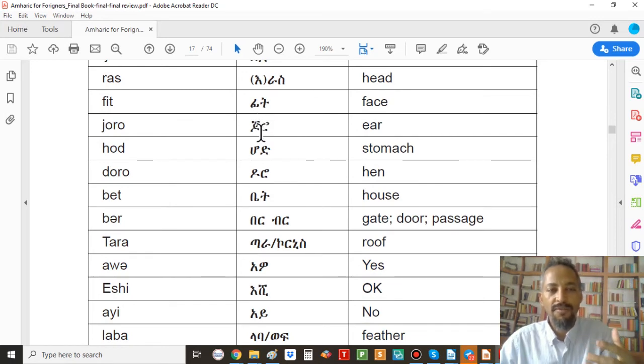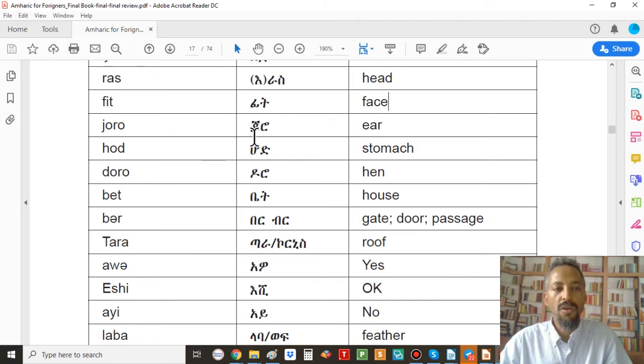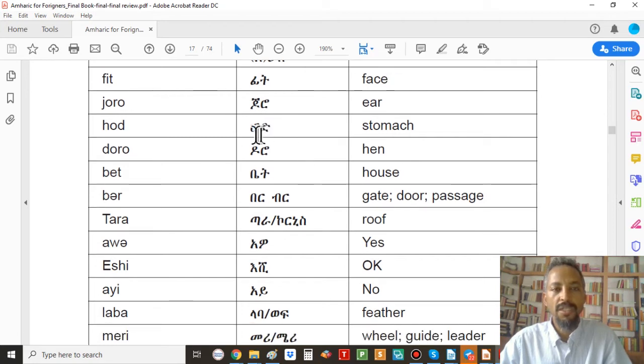These are very basic, common words, and at the same time easy to learn because they are only two-sound words. Joro means ear. Hod means stomach or belly.